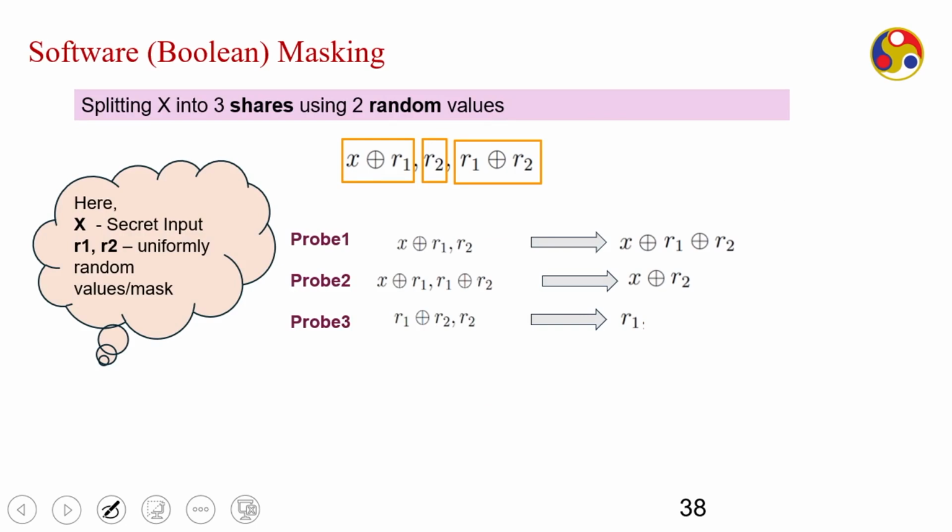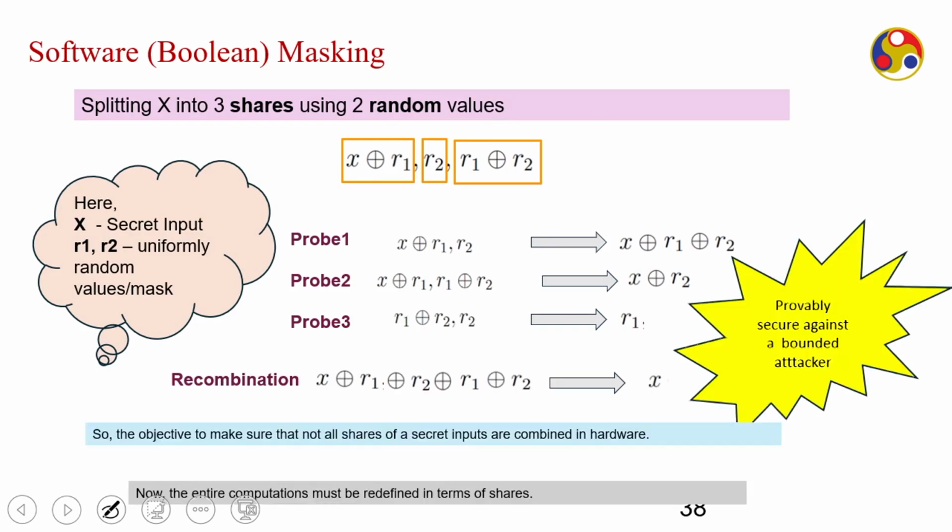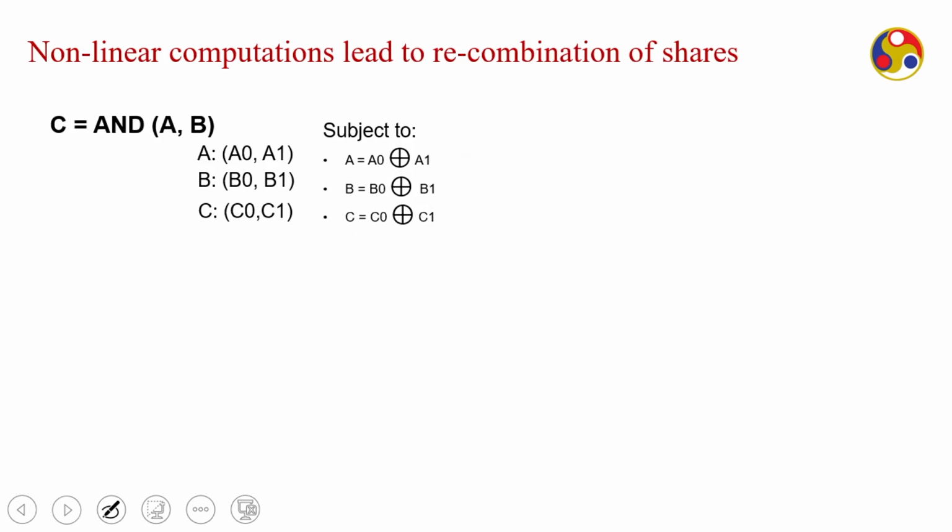In software masking, you have to rewrite everything in terms of x0, x1, those shares, right. To give an example, suppose you have an AND operation, AND of A and B. This was the operation in the original equation, right.